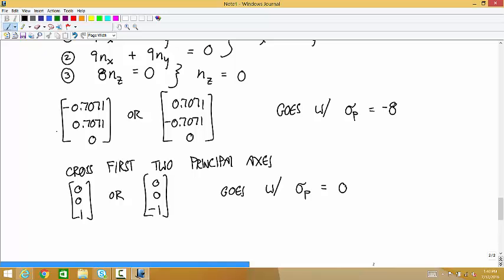Okay, so you said that we can use either one, the positive or the negative. Yep. But if we pick one, do we have to pick the same for the others to make sure that they all cross? That's right. So the only restriction on which one of these pairs you use is that in the end you're going to pick 3 of them, and then you need to make sure that they meet those requirements for a right-handed coordinate system.